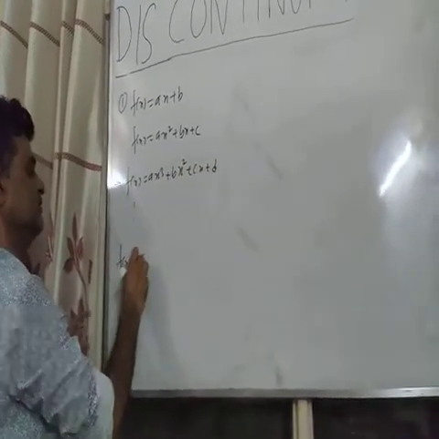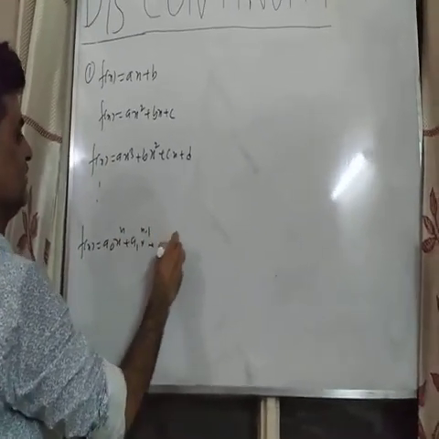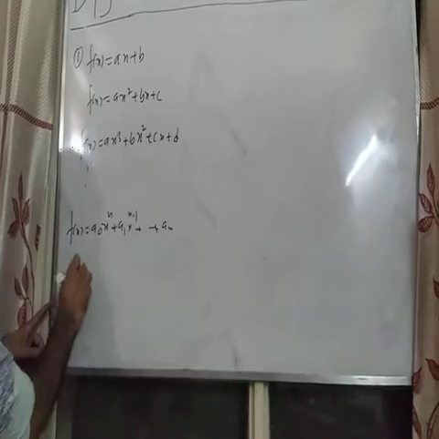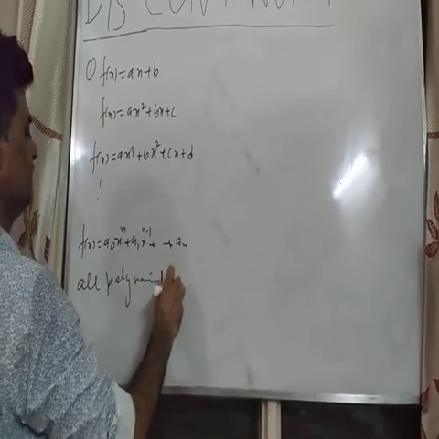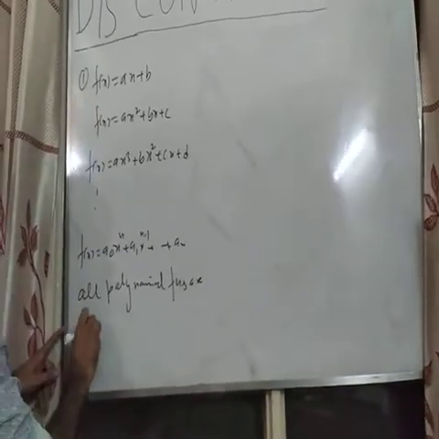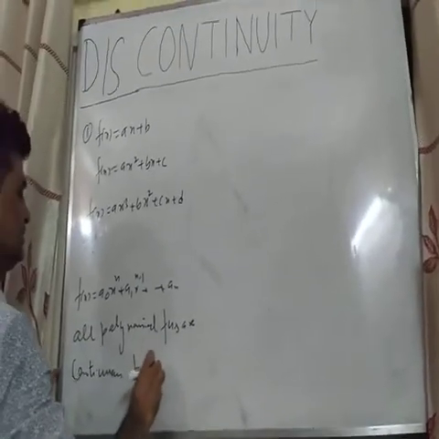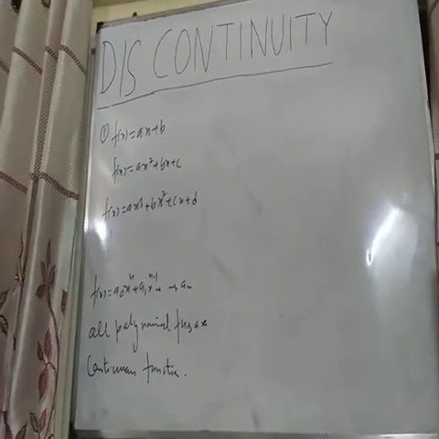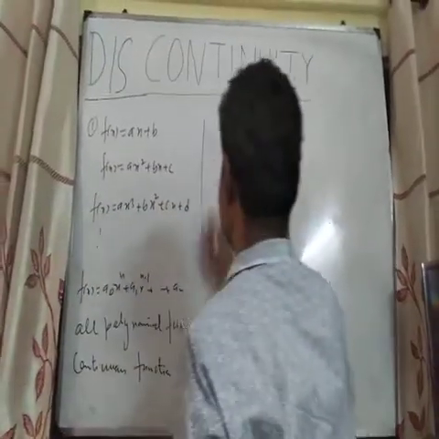Likewise, a0 x to the power n, x to the power n minus 1, likewise an. It means all polynomial functions are continuous functions. So you can see all polynomial functions are continuous functions.